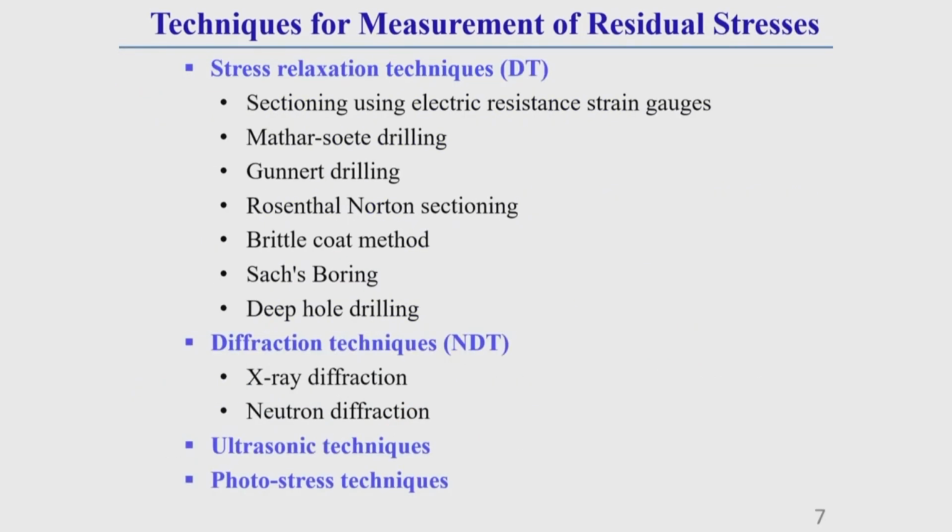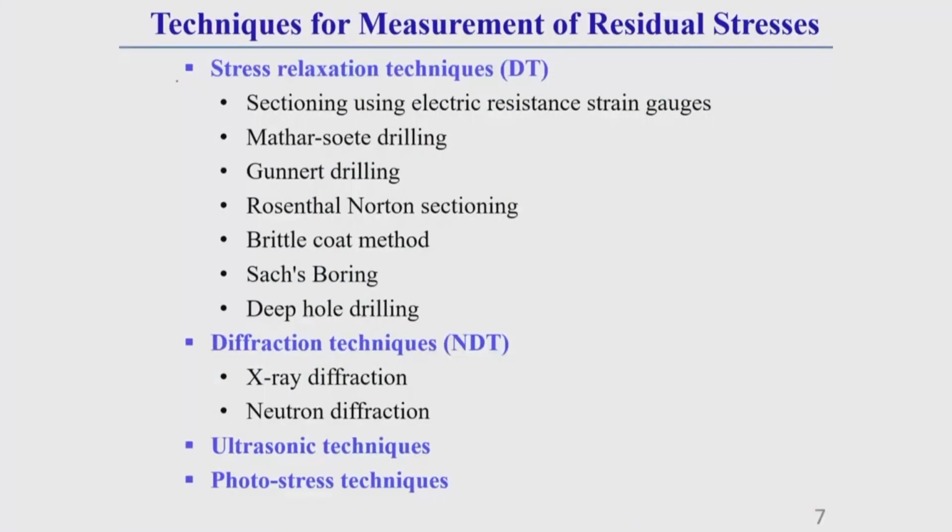Here I am just showing the commonly applied residual stress measurement techniques, because these are the techniques I will discuss in detail in this course. Most of the topics I will try to cover, that means the measurement techniques which are commonly used in practice.